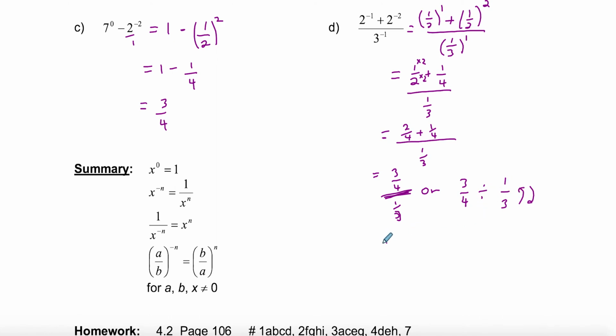So what that would equal would be 3 over 4 times 3 over 1. So you flip the second fraction upside down and change the division to multiplication. So that's the rule for dividing fractions. When you multiply, you just go straight across and get 9 over 4. So that would be a fine answer.